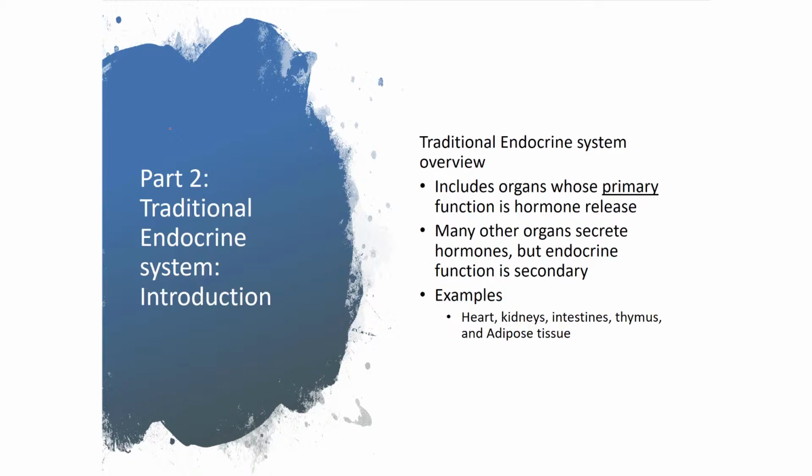Kidneys, essential for urine production and blood pressure control and all sorts of other things, but it also has a major endocrine function. Adipose tissue, intestines, thymus, all these different components are part of the endocrine system, but they're not part of the traditional endocrine system because their primary function is one thing, and then they have a secondary endocrine function.